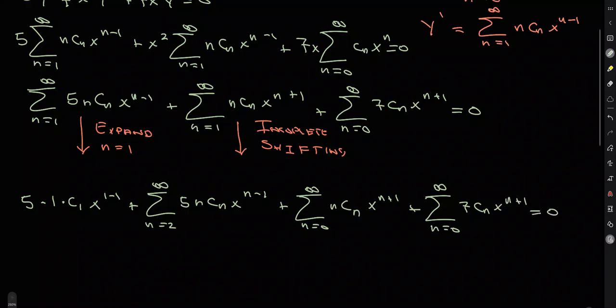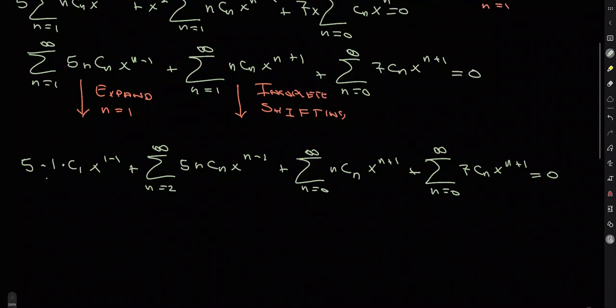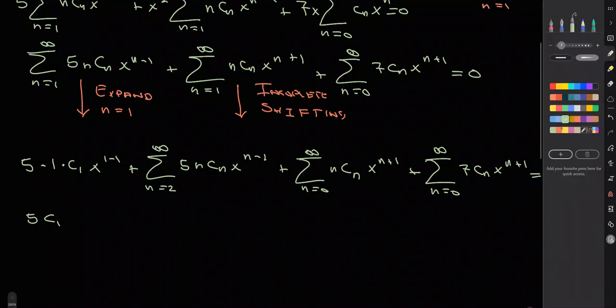All right. Well, let's simplify what we have so far. So 5 times 1 equals 5. c1, x to the 1 minus 1, that's x to the 0, which is 1. 1 times c sub 1 times 5, that's simply 5 times c1. And then at this point, I'm going to do the complete shifting to the first series. So plus 2 to all n's in the series, and minus 2 at the starting index.